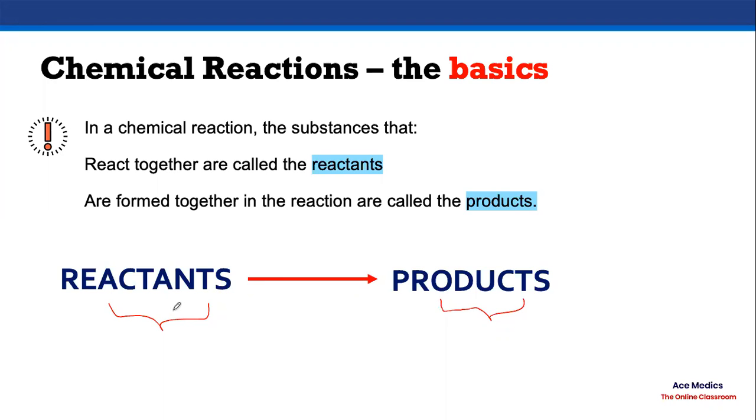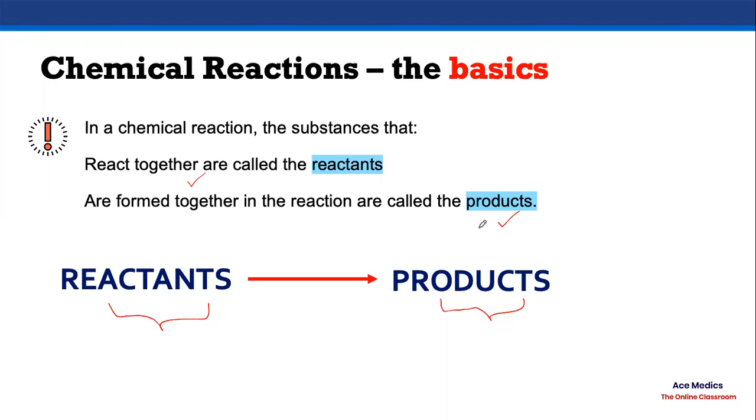The reactants are what you put in and react together. It's in the name. Reactants react together, and then those reactants will form the products. It's really that simple.